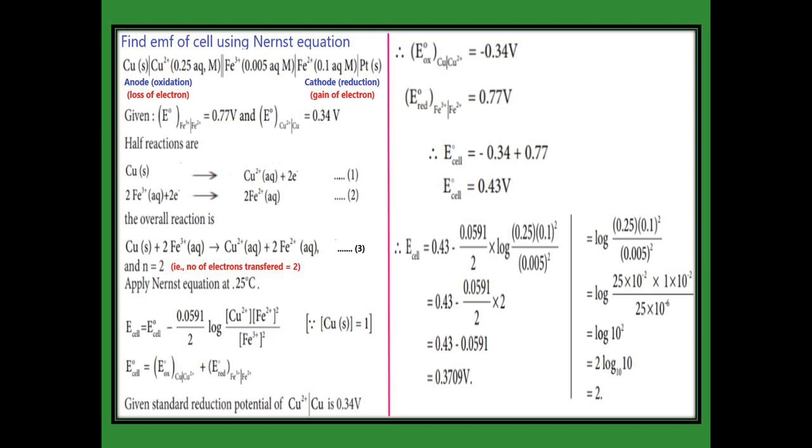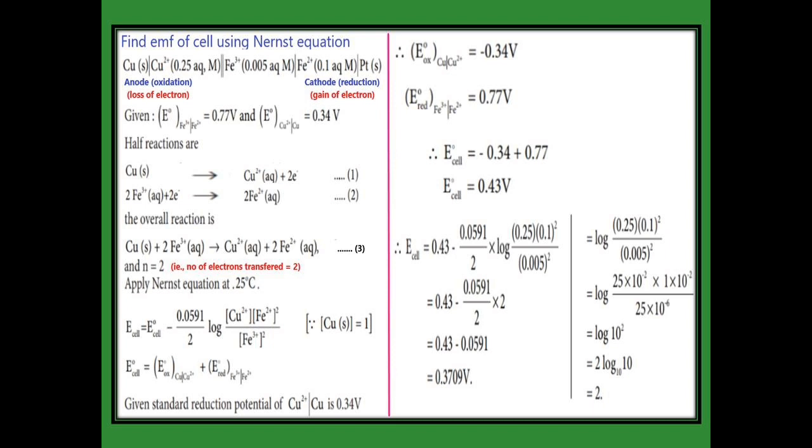In the log value, what we write in the numerator is the products. See equation 3, what are the products there? The concentration of Cu2+ and the concentration of Fe2+. How many moles of Fe2+? 2 moles, so write the 2 in the power. Divided by the reactant side, leave the copper because it is a solid and its concentration value is 1.